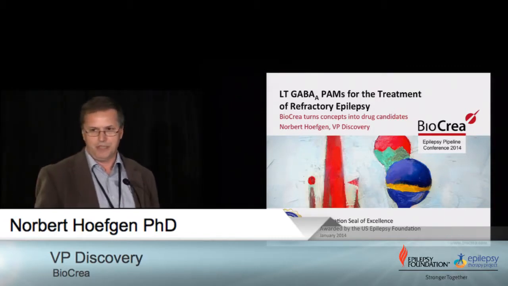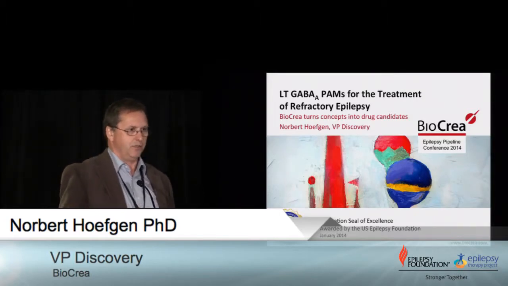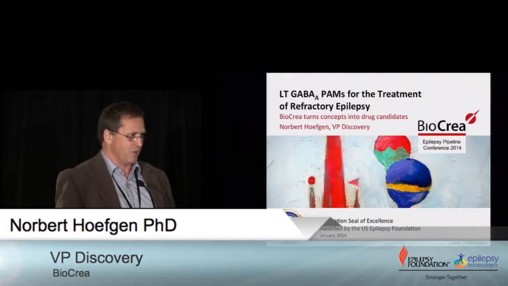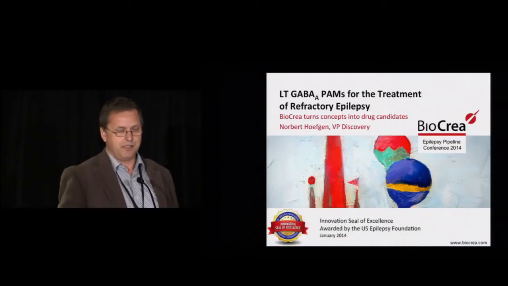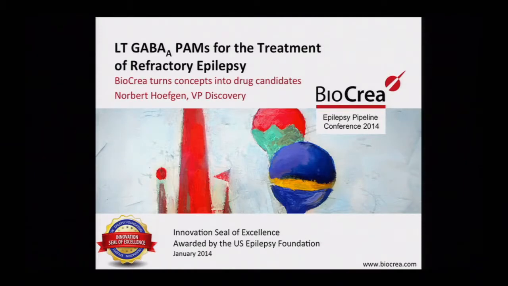BioCrea is a small biotech company in Germany, and the good message of today is that the German organic chemists are back in epilepsy research. The company is roughly 3 years old, but the team itself has been involved in epilepsy research for more than 20 years now in different organizational forms.